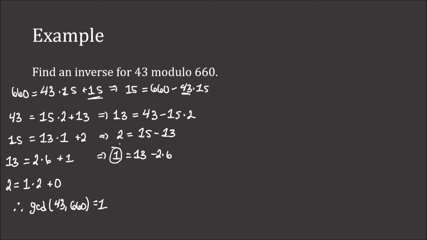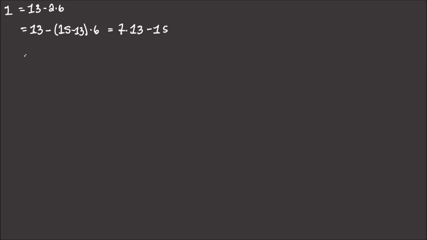We now come back, we go up the next step. 13 is 43 minus 15 times 2. So 7 times 43 minus 15 times 2, and then minus 6 times 15. So this is equal to 7 times 43 minus 14 times 15 minus 6 times 15.